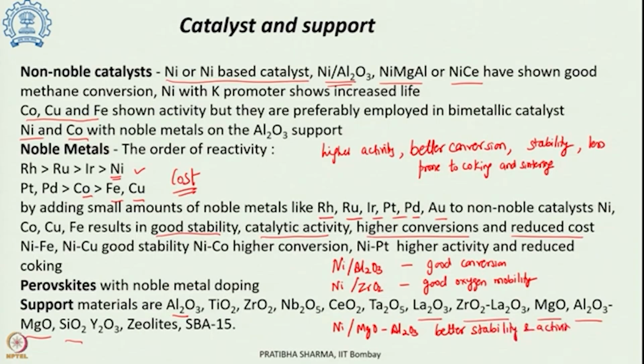And similarly, among the others, noble metal based catalysts like rhodium on alumina show lower coke deposition. So, there are various combinations of catalyst and support which could provide good performance in terms of activity, selectivity, conversion, and reduced coking and sintering.